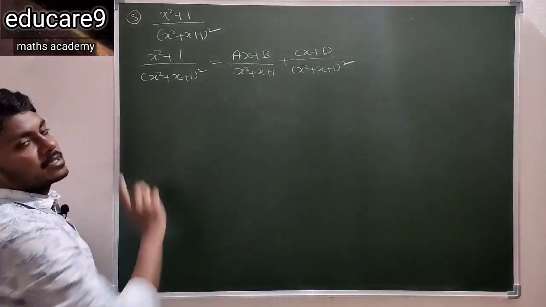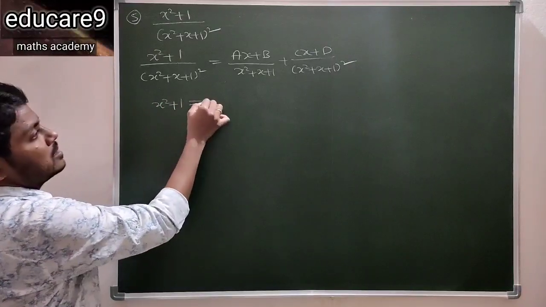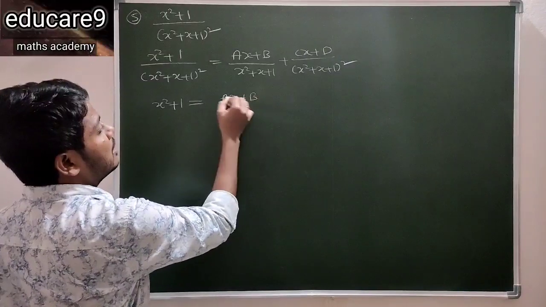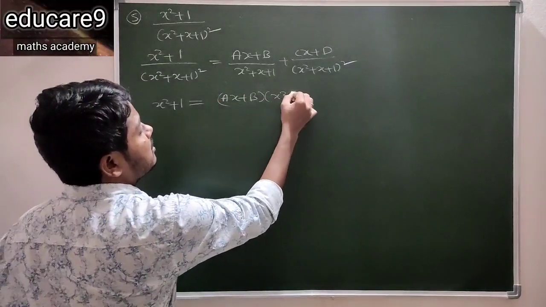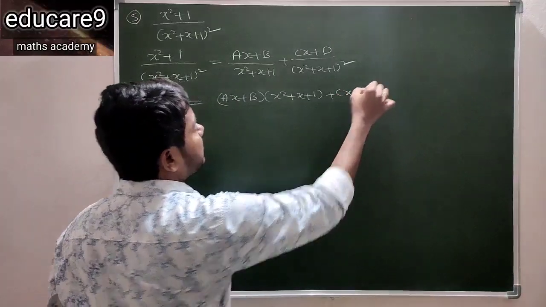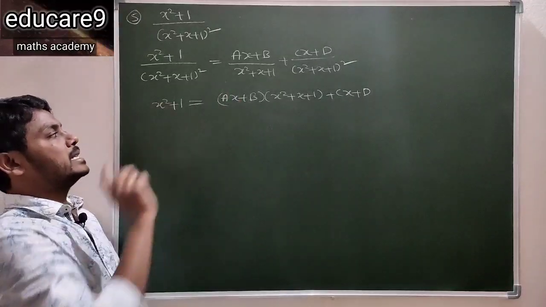So clearly both side LCMs get cancelled. Now x square plus 1 is equals to, so what is that, ax plus b into x square plus x plus 1 plus cx plus d. So here you need to find the values of a, b, c, d.